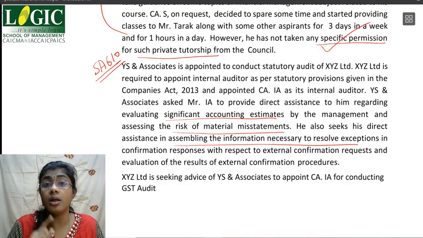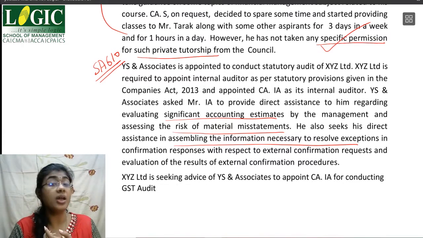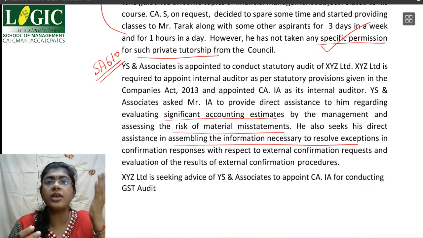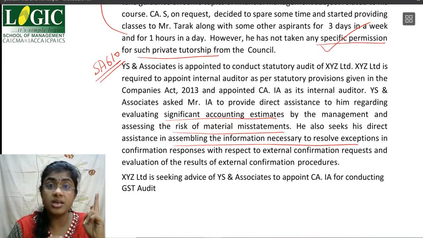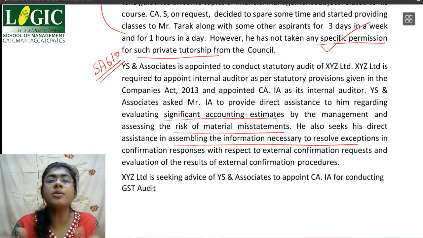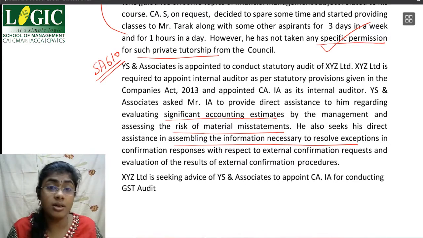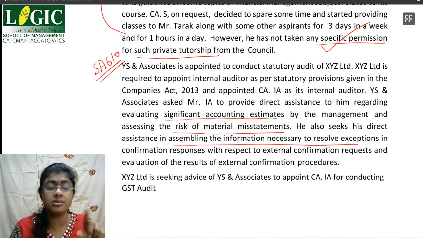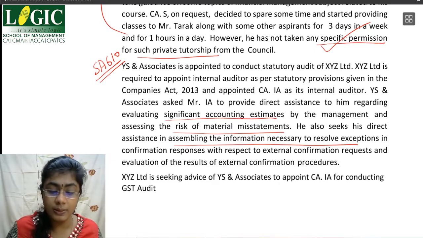Internal auditor, but not in two areas. Which areas? Areas involving significant judgments and estimates, and second, areas having high risk of material misstatements. In these two areas, the external auditor shall not seek direct assistance of the internal auditor. Which two areas? Judgments and risk.